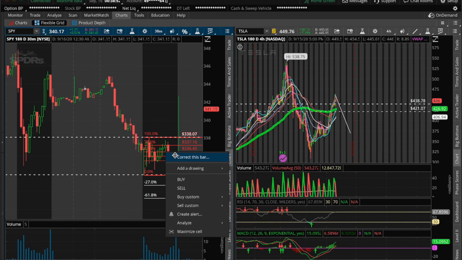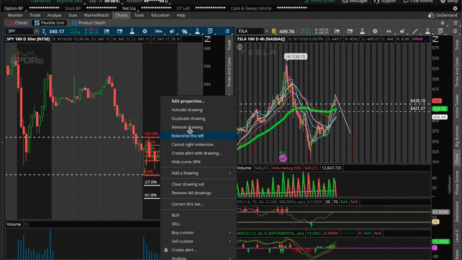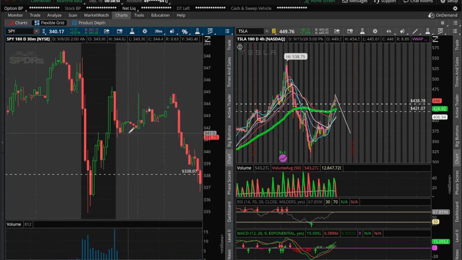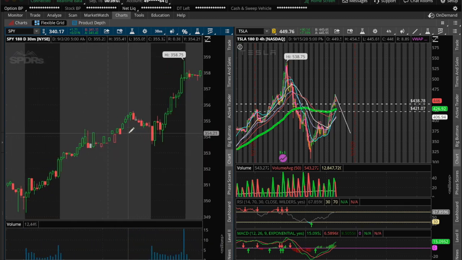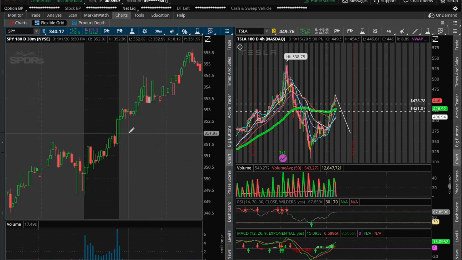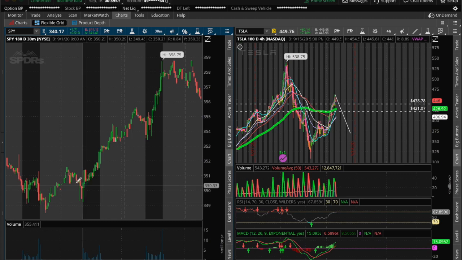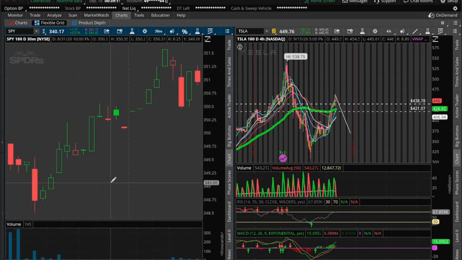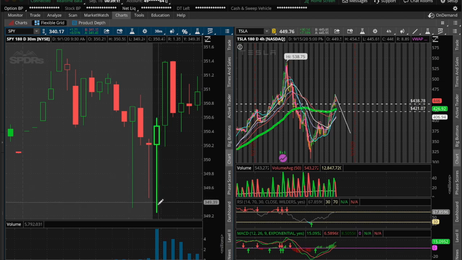Let's find another example. All right, so this is another example. So low, it went up to here, it got smacked down.